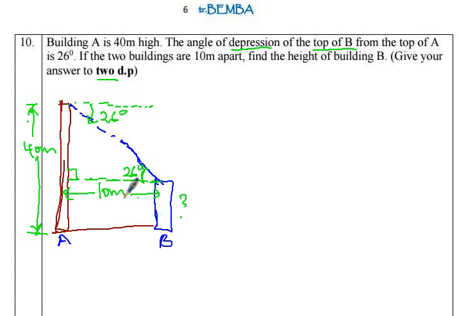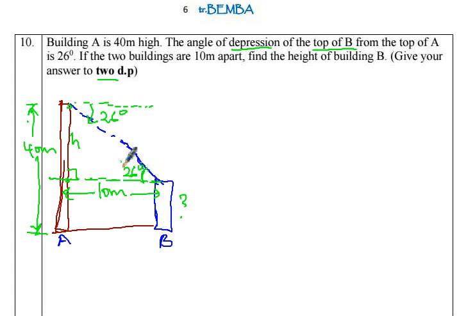Good. We want this, but we only know the height of building A. So from this right-angled triangle, if I can get this height here, let me call it height H, the moment I know this height from here up to here, then I can know the height of building B.